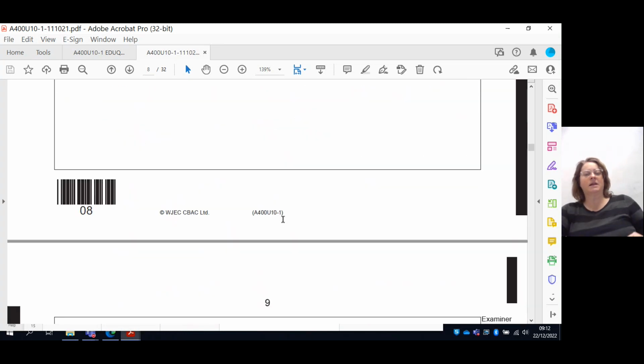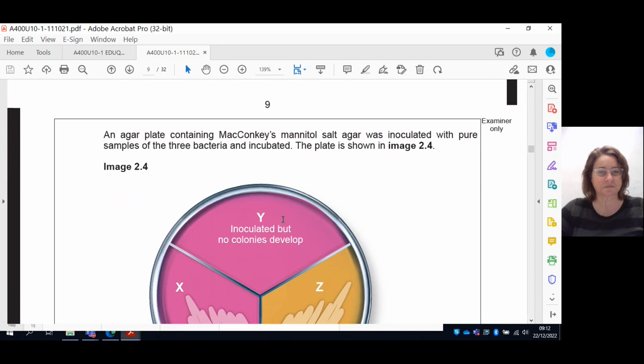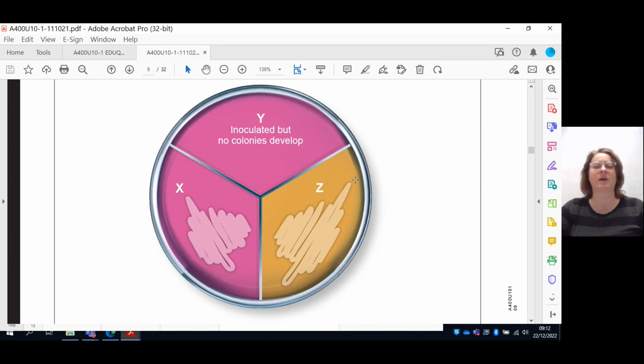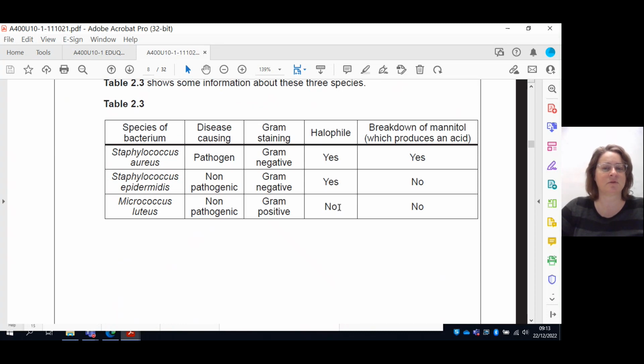Okay, and last but not least, here you have got the actual agar plate where it is implying by the color that Z is the one that has changed. Y and X are the ones that are not changing color in the agar. So no response from a pH angle, but it also tells you that Y hasn't actually started growing. Which one hasn't started growing? The ones that cannot live in a salty environment haven't started growing.